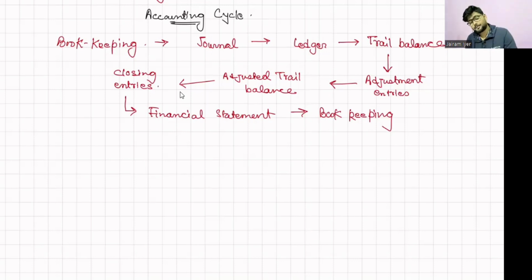After we have prepared the journal, we move on to the ledger, which is nothing but a more presentable and shorter format of the journal only. Because we take accounts from the journal and we prepare ledger accounts: cash account, bank account, whatever accounts the transactions have affected.